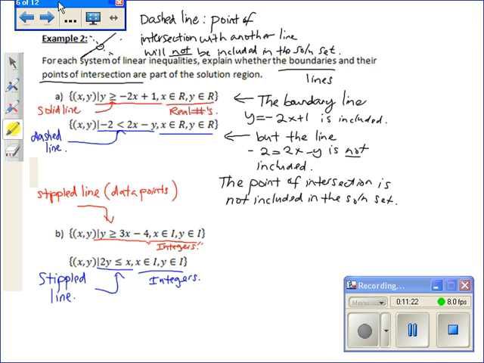The only time that something is not going to be included on the boundary line is if that boundary line is dashed.